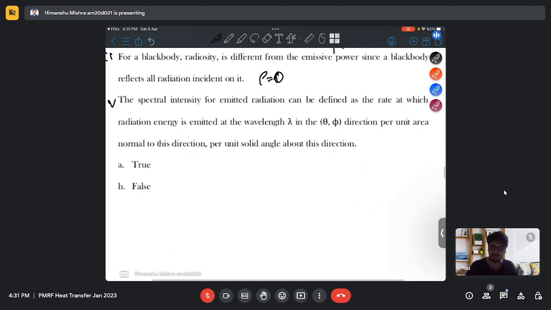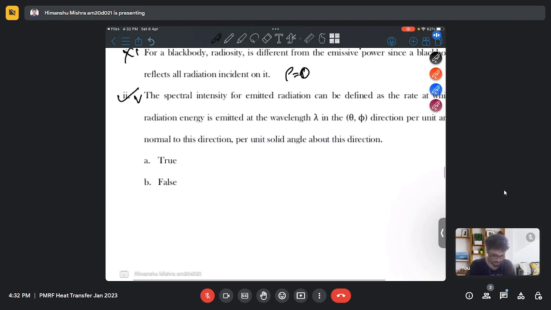The second statement is: the spectral intensity for emitted radiation can be defined as the rate at which radiation energy is emitted at wavelength lambda in the theta phi direction per unit area normal to its direction per unit solid angle about this direction. Is it correct? I think it is correct, though I'm not sure. Last week we solved a few problems related to this.